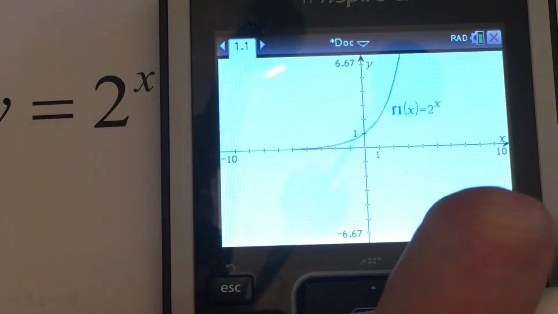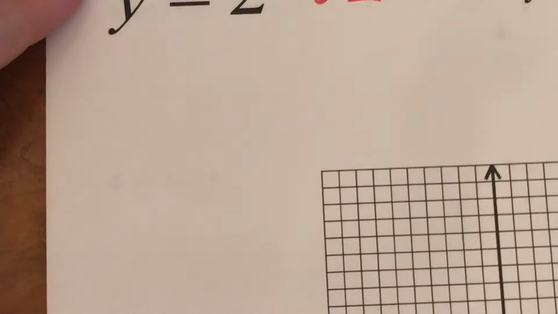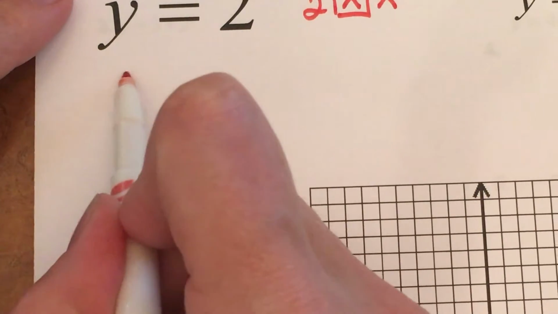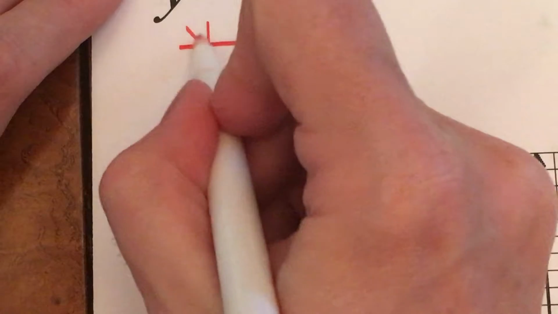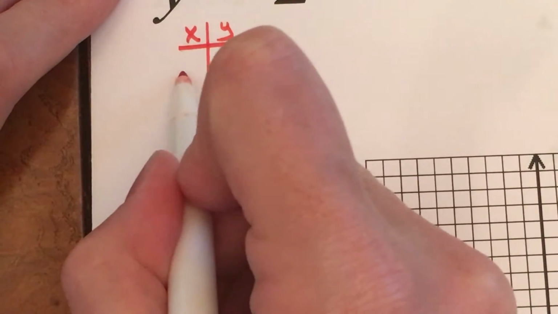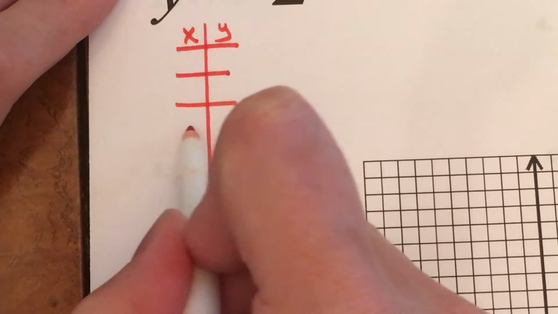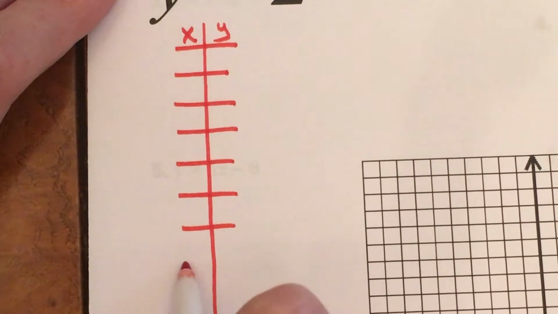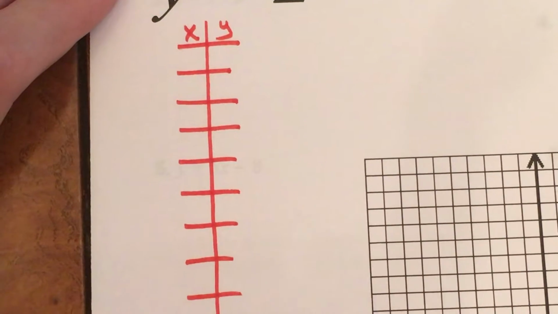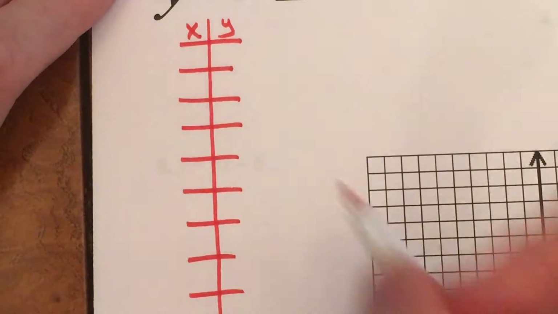So let's make a t-table for that. X and Y. 1, 2, 3, 4, 5, 6, 7, 8, 9, 10. That should be enough.